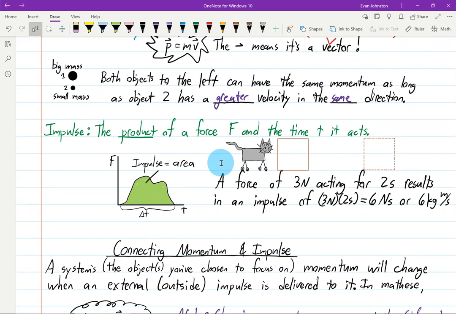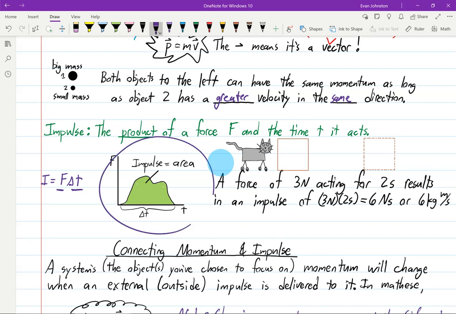If I had a graph that had force as my y and t as my x value, so we're looking at graphs now, but we'll write it this way. Impulse equals force times the change in time. We'll just write it like that for the moment. So if I take force and I multiply it by how long, I will get this thing now called impulse.